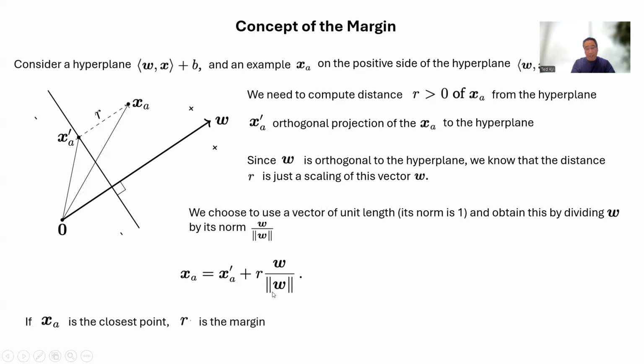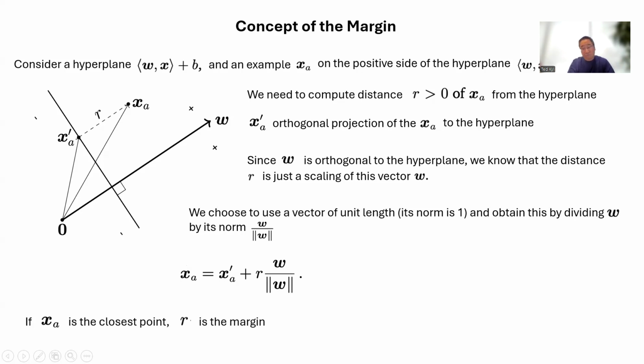And so w divided by the w norm will just be w if it's length 1. And if it's not length 1, then we'll have fixed w to become length 1. Okay. And so if you do the vector math, you can see that the original point x equals the projection point x prime plus r times unit w. And so again, we've now defined a way to say how far any given sample is from the hyperplane, and that will be the number r. r is our margin. Okay, some will be closer, some will be farther.